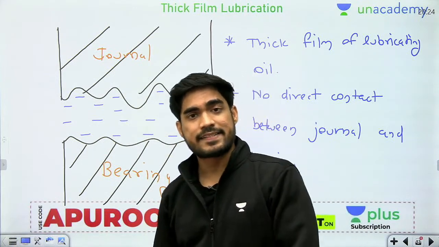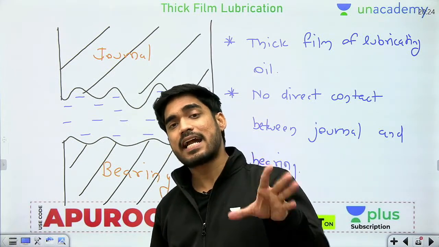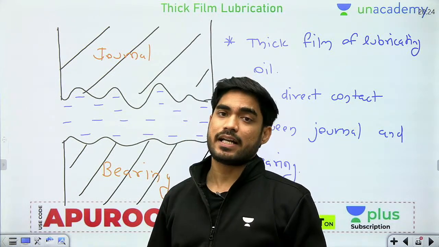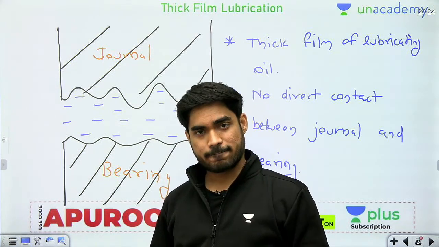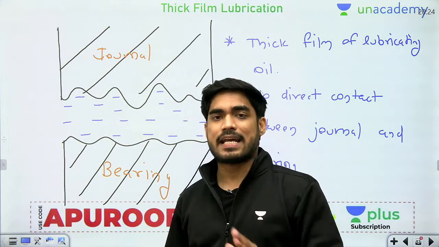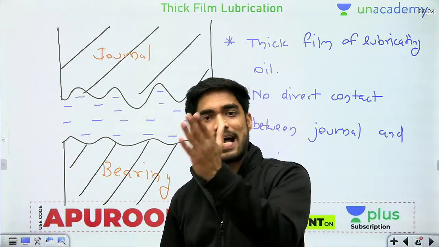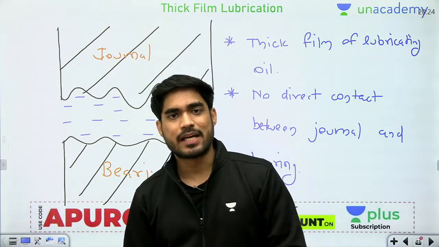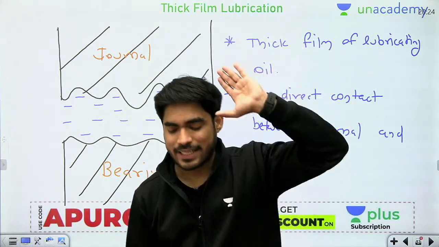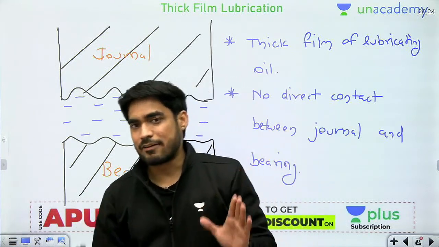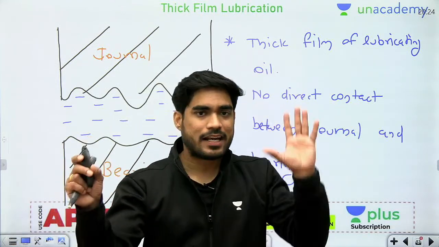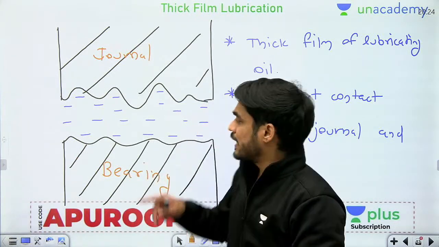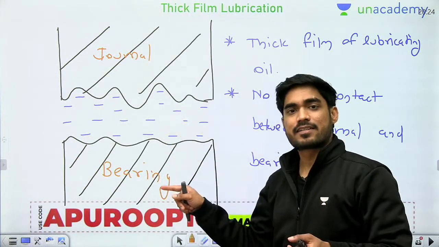Now the question is how that pressure is created. That pressure can be created by two methods. In one case, the bearing is known as hydrodynamic journal bearing, and in the other case the bearing is known as hydrostatic journal bearing. So beta, there is a difference between them. What is the difference? How this oil is pressurized.